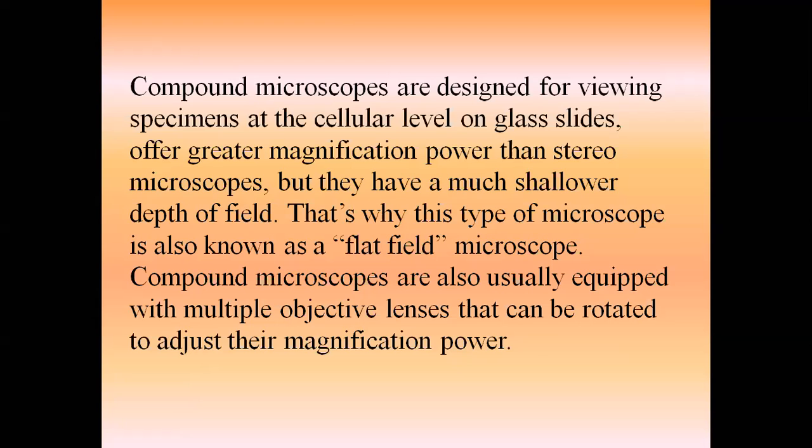That's why this type of microscope is also known as a flat field microscope. Compound microscopes are also usually equipped with multiple objective lenses that can be rotated to adjust their magnification power. I already told you.